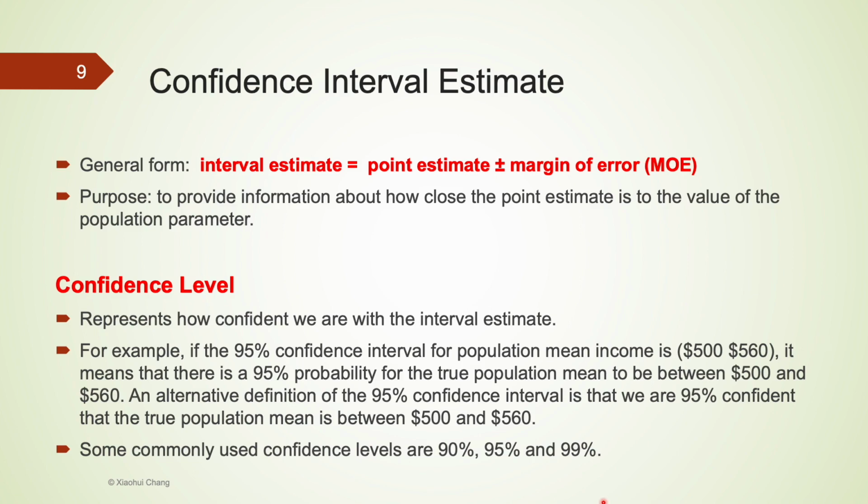Because we would prefer to be confident with our interval estimates, the commonly used confidence levels are 90%, 95%, and 99%. We are never 100% confident with our interval estimates, as that would mean the interval would be as wide as the entire real line, and that's not going to be meaningful at all.